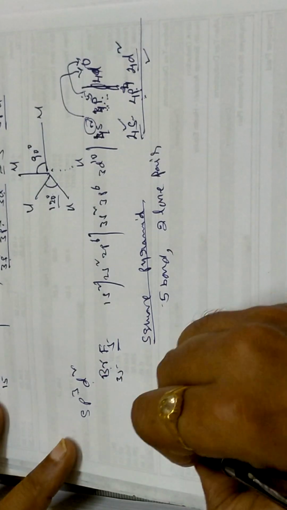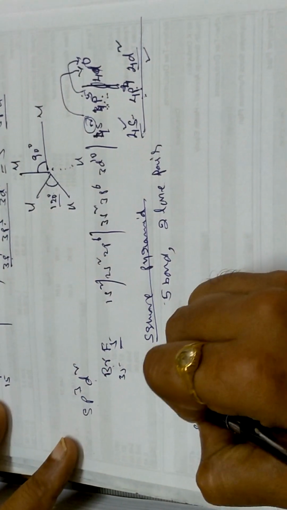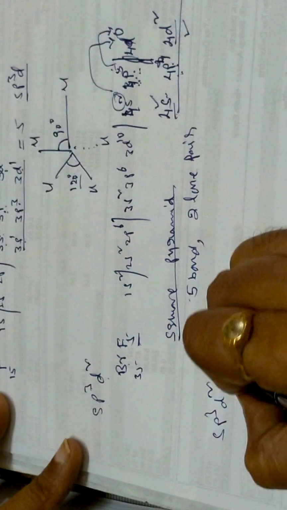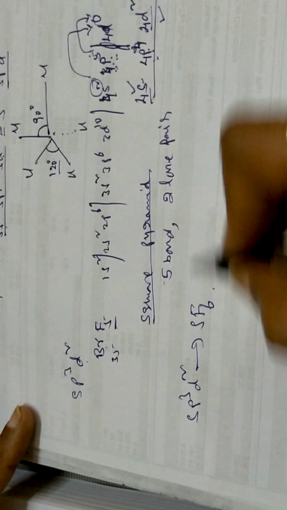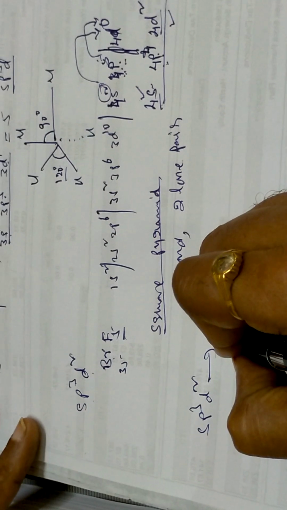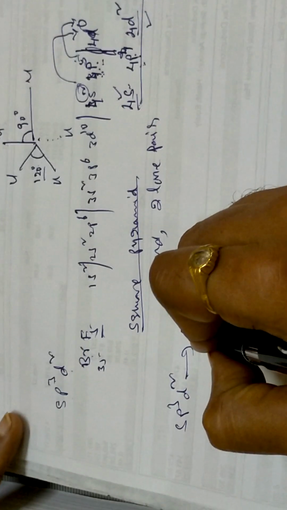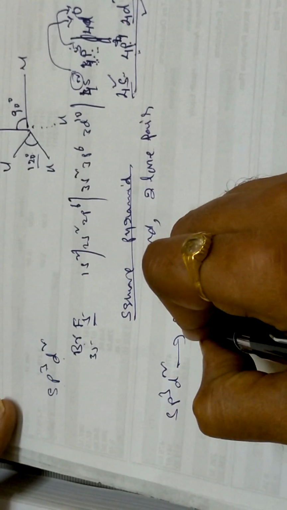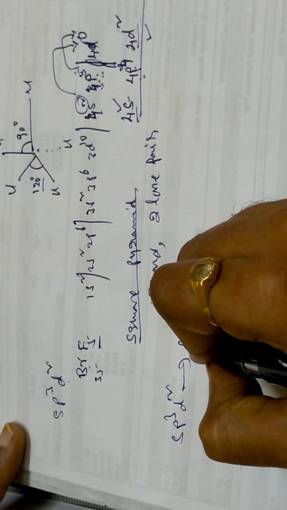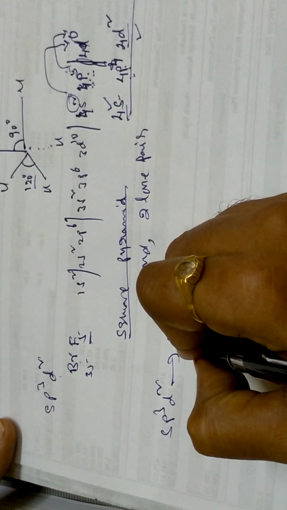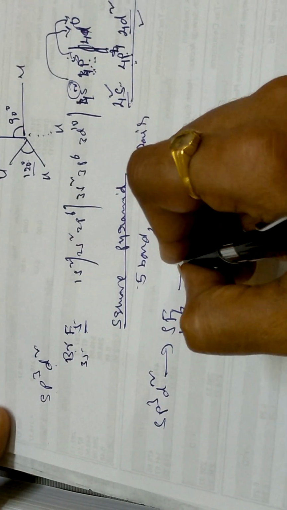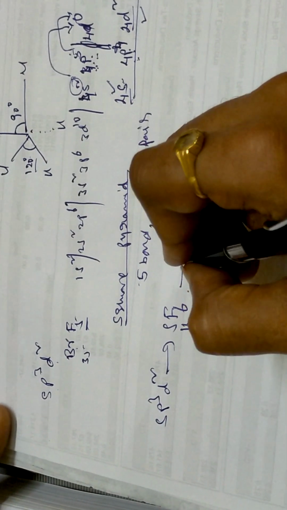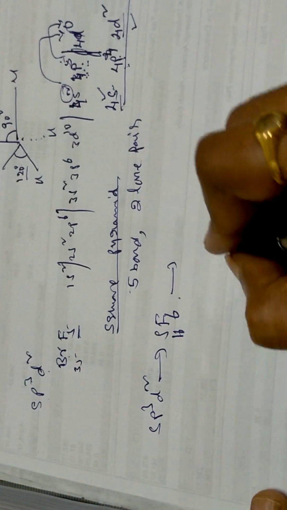Whereas the same sp3d2, if you see it for the SF6 molecule, sulfur is in the oxygen family. Sulfur is 8 plus another 8, that is 16. It will be octahedral. How?